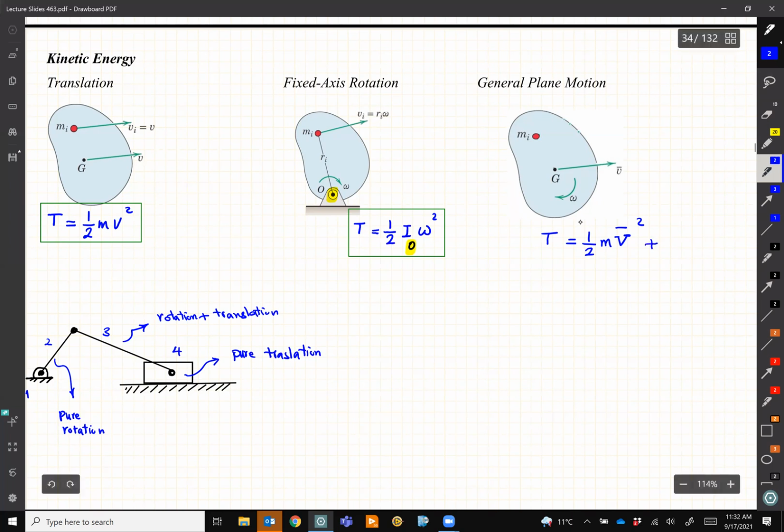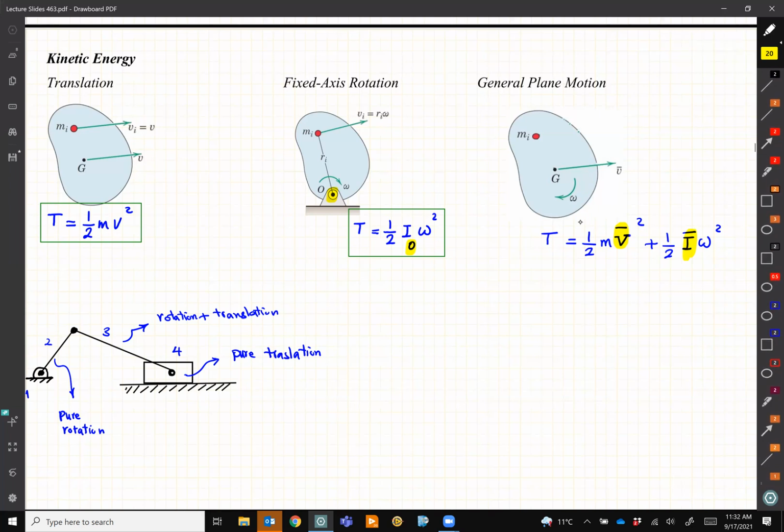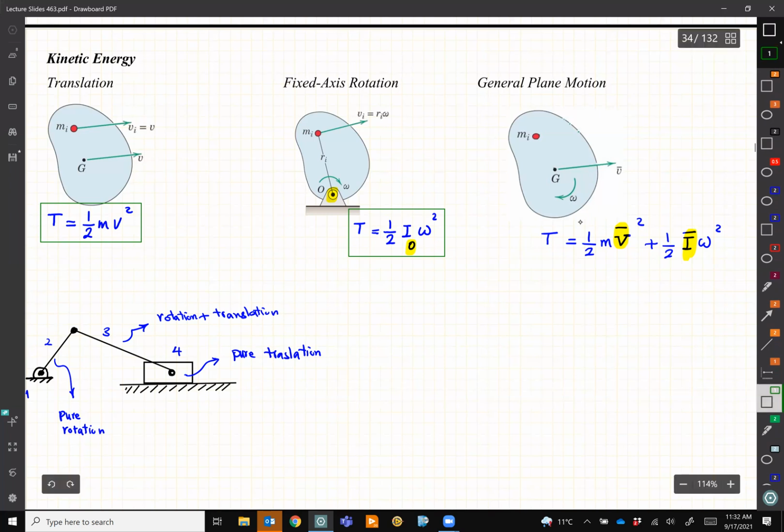Plus half of I bar omega squared. So we need to be careful: this is v bar and this is I bar. So this is kinetic energy for three simple cases. And if we have v bar and omega, we can simply calculate it for each of these shapes.